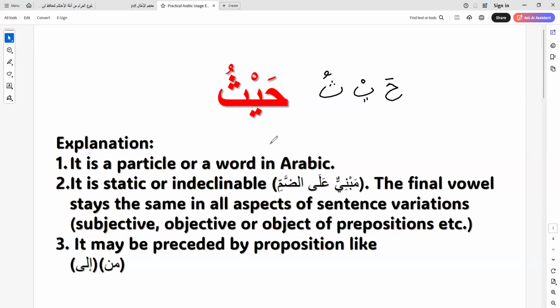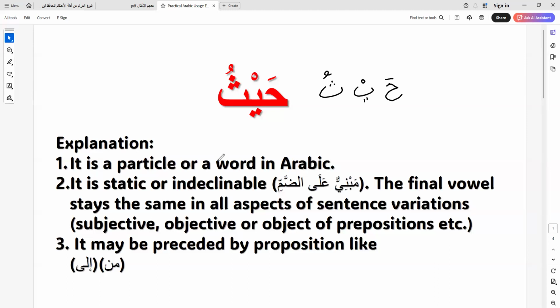Mabniyun ala dham, meaning the word haythu is going to be haythu forever. You're never going to hear haythi or haytha. So when we say something is indeclinable, mabni, the final vowel stays the same in all sentence variations, be it subjective or objective or object of prepositions.